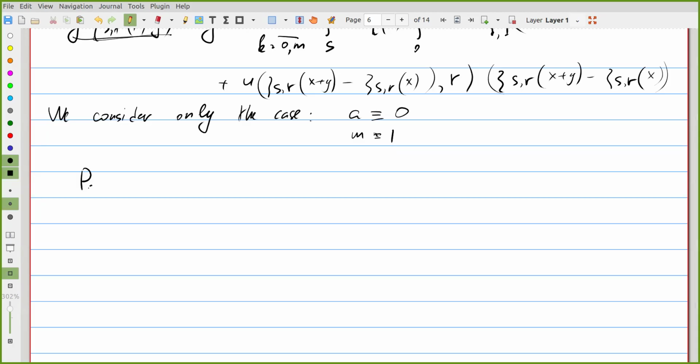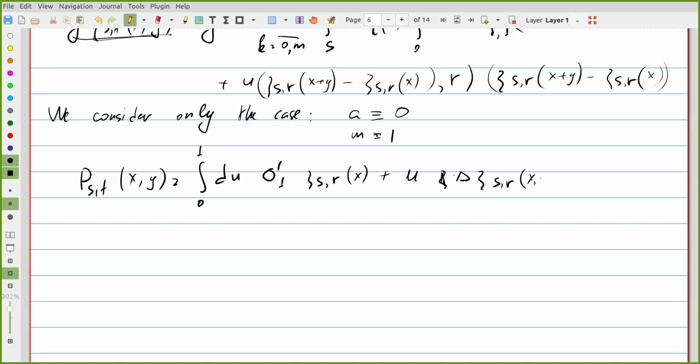So let us introduce a notation, say of this form. I want to include everything inside it. psi_{s,r}(x + y), I'll write here delta psi_{s,r}(x,y), where this delta is going to be the difference psi_{s,r}(x + y) minus psi_{s,r}(x).